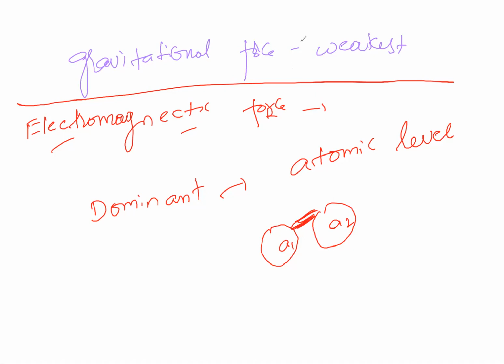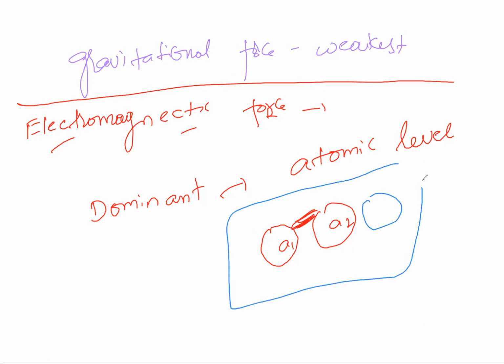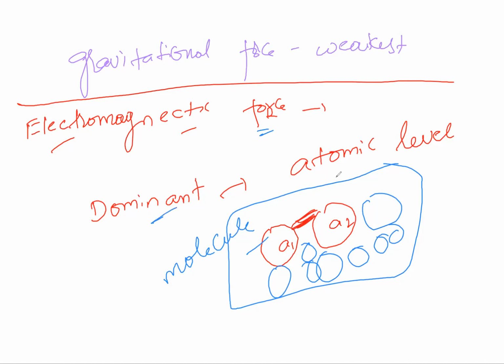Because we know that atoms together give molecules, right? By the number of atoms, it becomes a molecule. So the electromagnetic force is dominant at the atomic level, which holds atoms together, and then they form a molecule. Do you understand? Clearly.